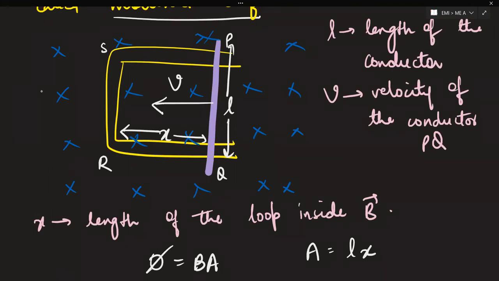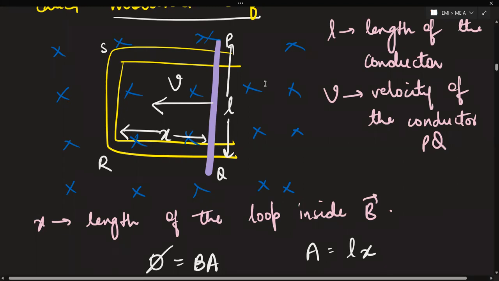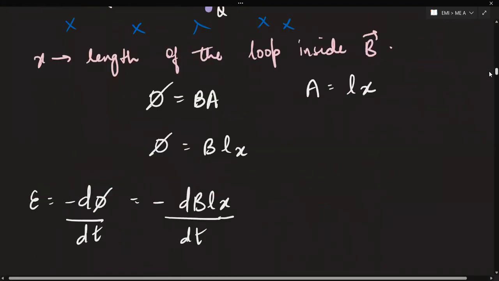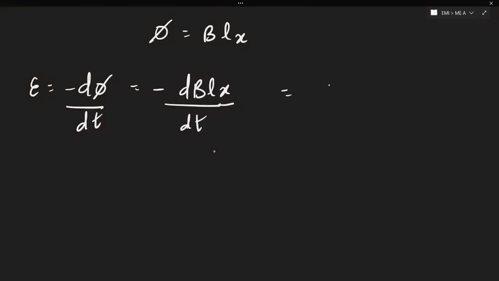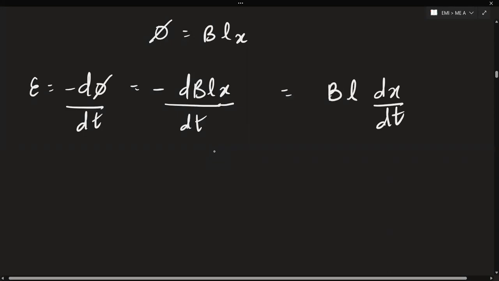This is variable because as the PQ comes closer, X will decrease, and as it moves farther away, X will increase. So X is variable. It means B and L are constant. Whenever you're differentiating and you have a constant term, you write it out of the bracket. What is left? dx over dt. We are taking the magnitude of EMF, so you can ignore the negative sign.